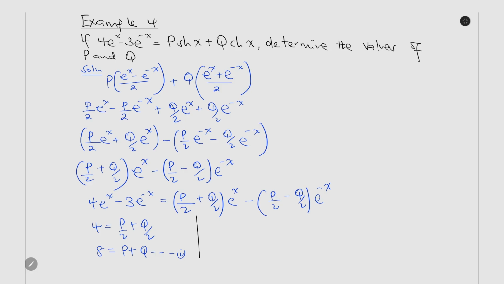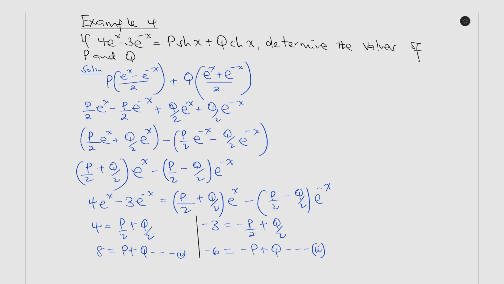So that negative 3 is equal to minus p over 2 plus q over 2. So I multiply all through by 2, negative 6, let me start with q, will give me negative p plus q. This is the second equation. I hope you can notice that I have a set of simultaneous equations.